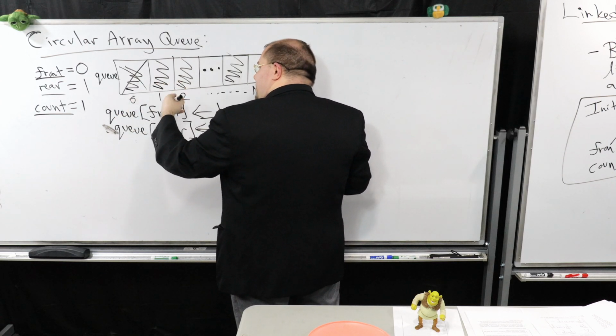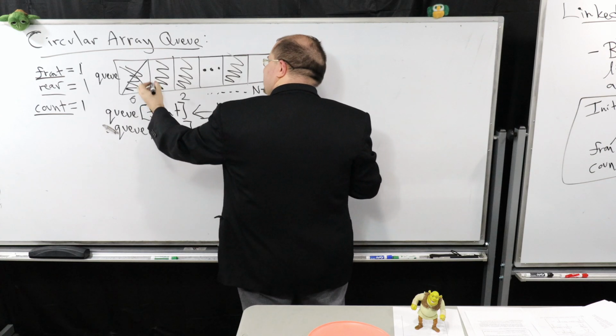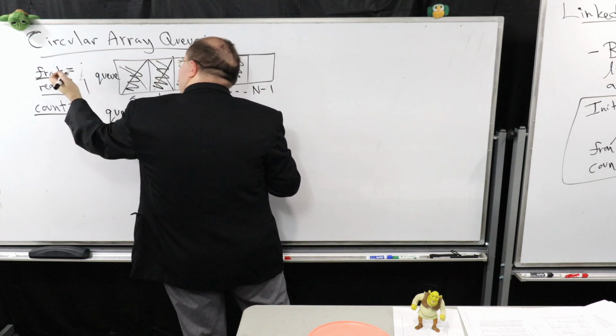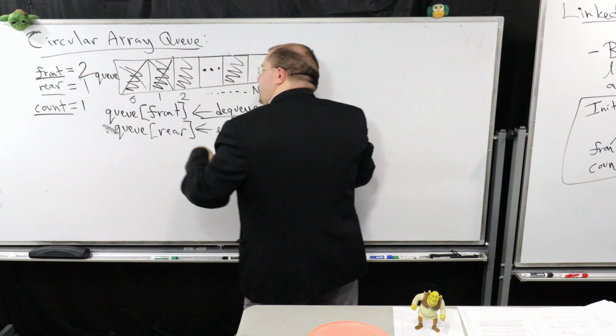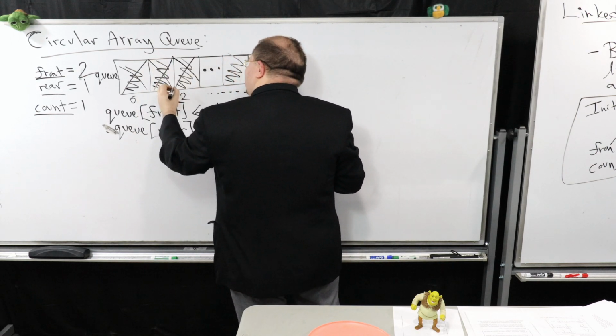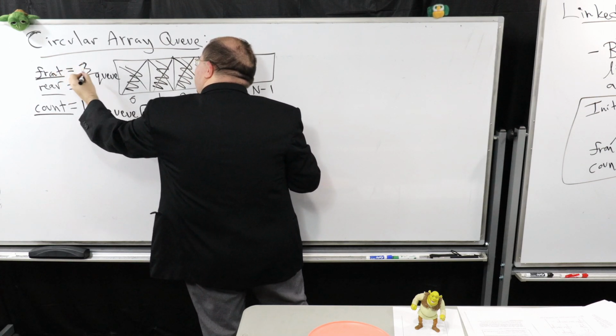So I would increase the front by 1. I could dequeue again. Keep in mind, I'm not keeping track of the count right now. If I dequeue that, I get 2. And so on. This will simply increase front.